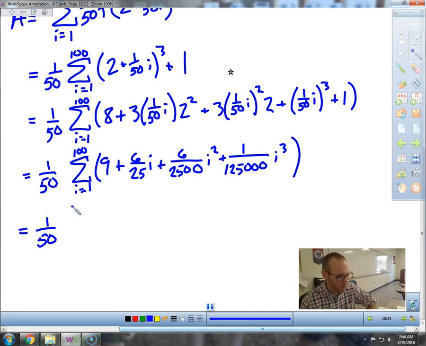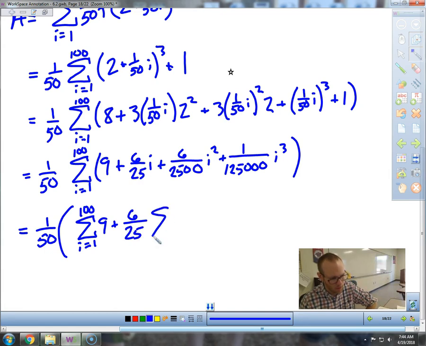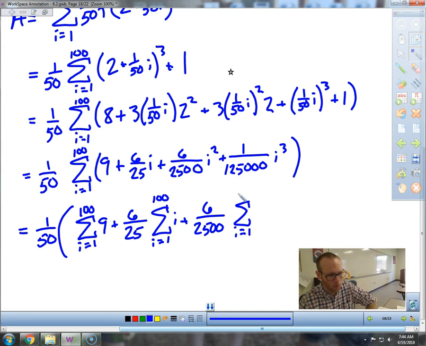So I'm going to say this is the sum from i equals 1 to 100 of 9 plus 6/25ths times the sum from i equals 1 to 100 of i plus 6/2500ths, the sum from i equals 1 to 100 of i squared.